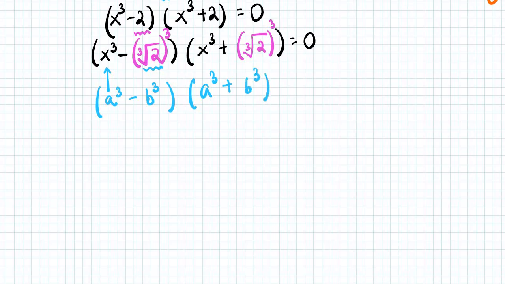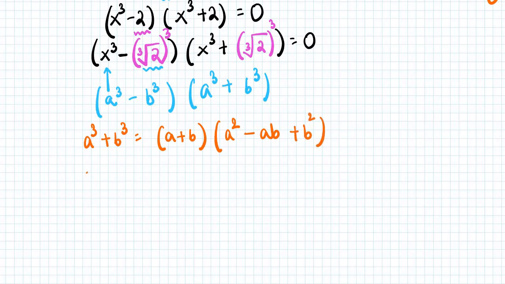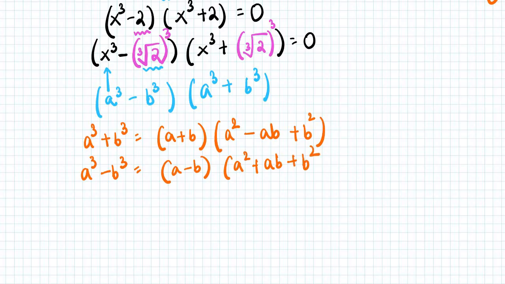I hope you all know a cube plus b cube is (a plus b)(a square minus ab plus b square), and a cube minus b cube is (a minus b)(a square plus ab plus b square). Remember these identities, they are very important.